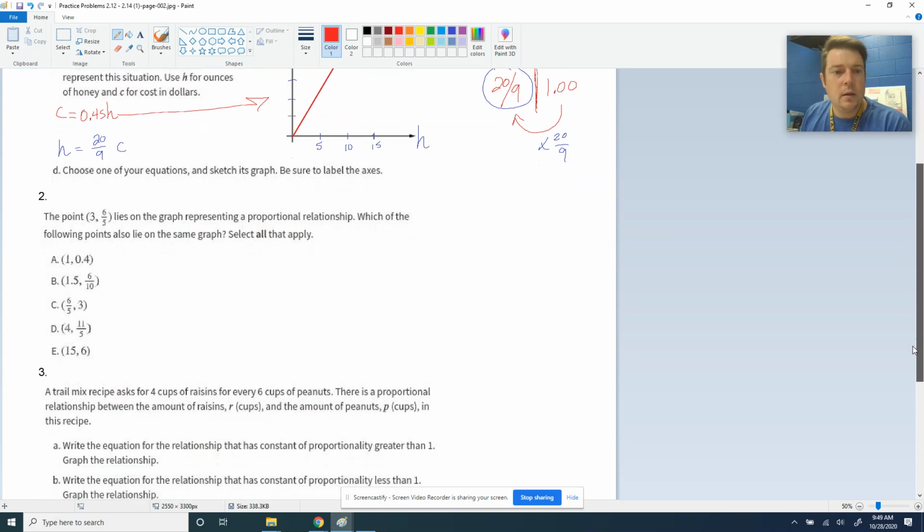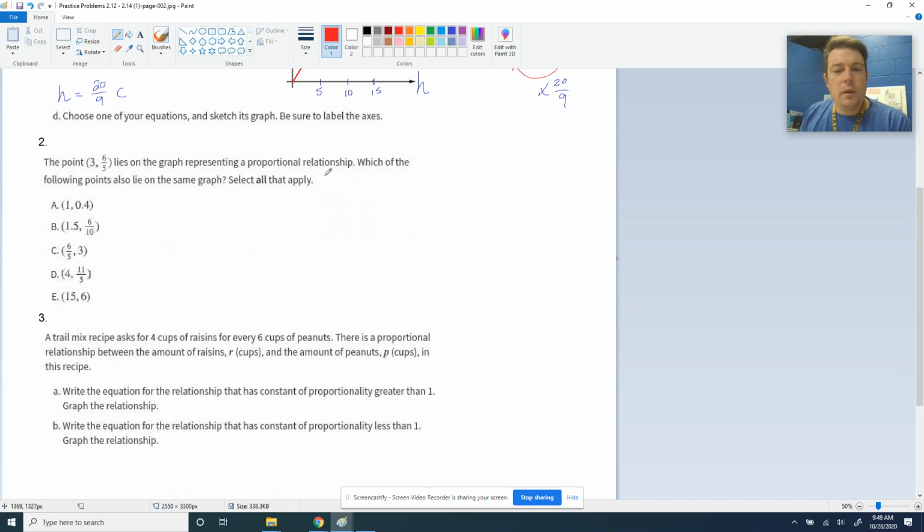I like it. Number 2, the point (3, 6/5) lies on the graph representing a proportional relationship. Which of the following points also lie on the same graph? So (3, 6/5) is an x-y combination, which means that my constant of proportionality would be 6/5 over 3.